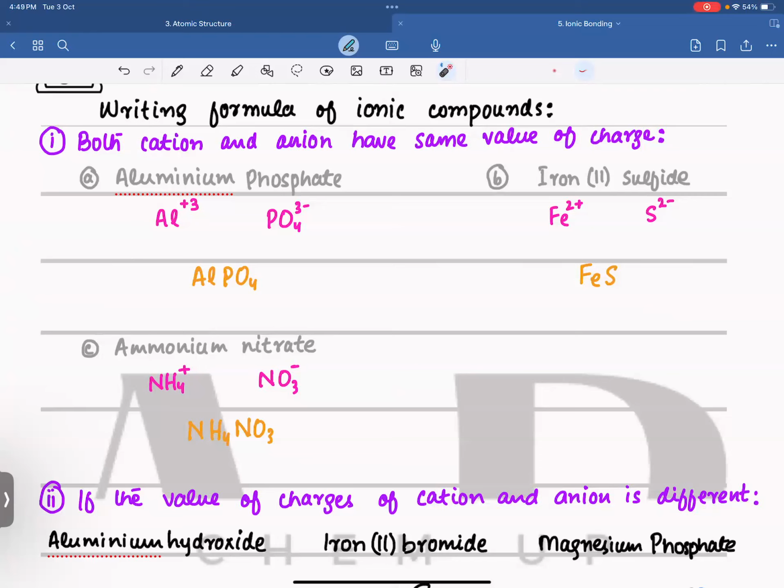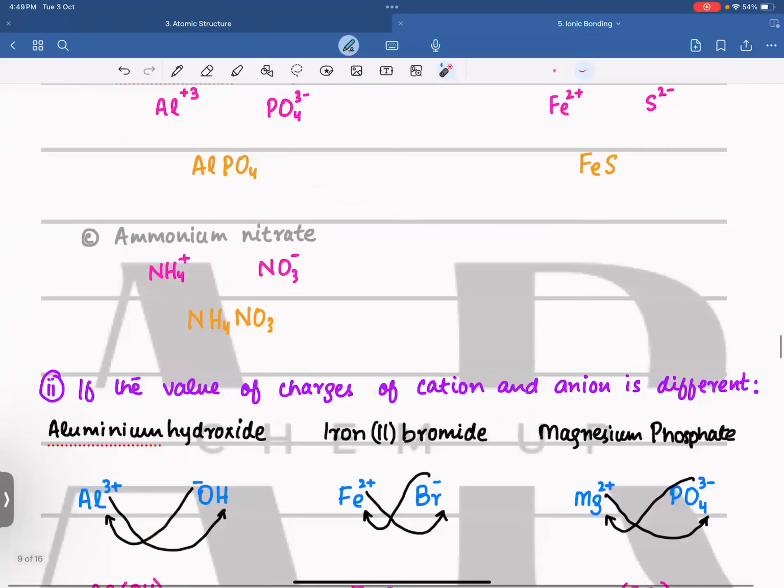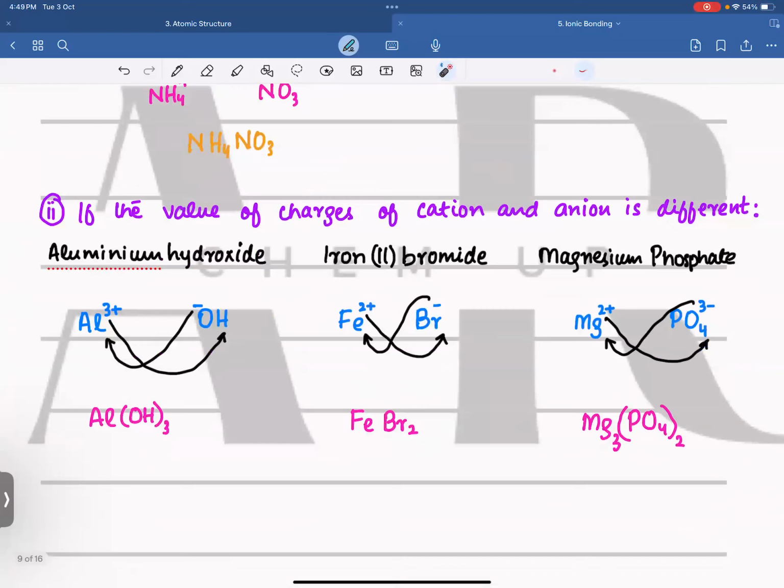Okay. Is everybody there? Now, when the values of the charges are different, then we do this thing. We shift the value to the subscript of the opposite ion. What is the value of this charge? One value is 1. So I will move 1 over here.